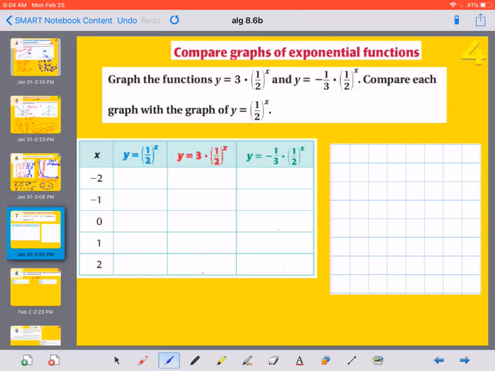You're comparing it to y equals 1/2 to the power x. This one you have y equals 3 times 1/2 to the power x, and y equals negative 1/3 times 1/2 to the power x. So I would advise you to fill out the table first and then graph it.